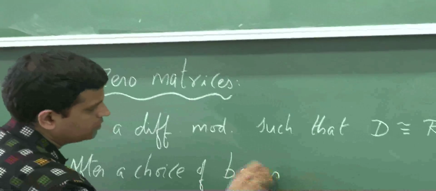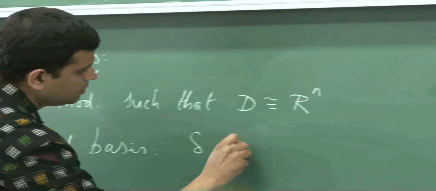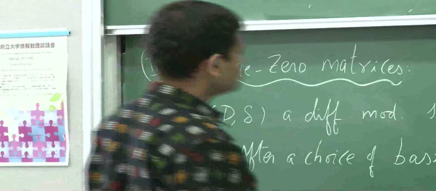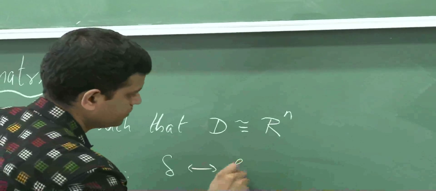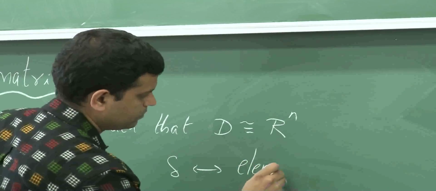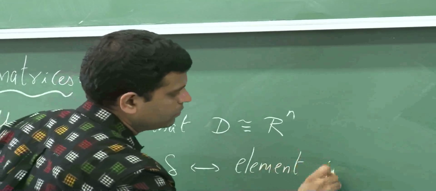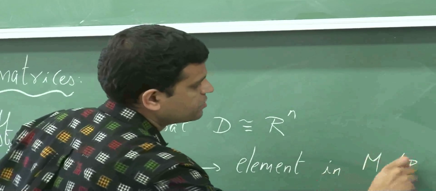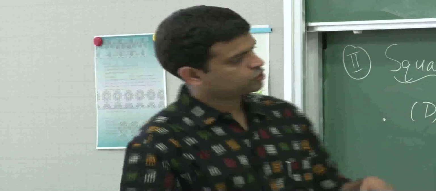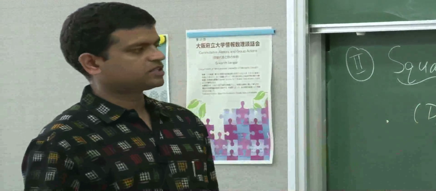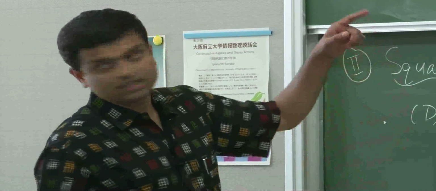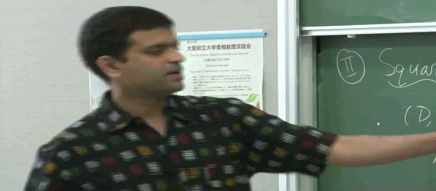After a choice of basis, delta corresponds to an n cross n matrix over the ring R. So it's a square matrix, and the fact that delta square has to be 0 means that the matrix has to square 0.